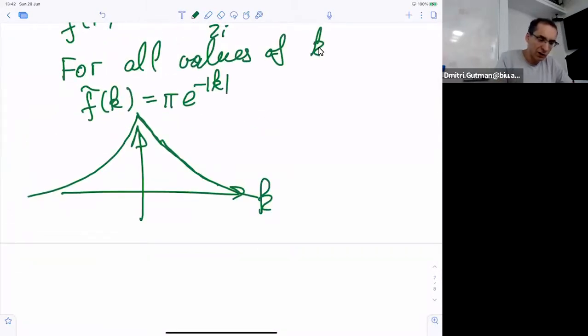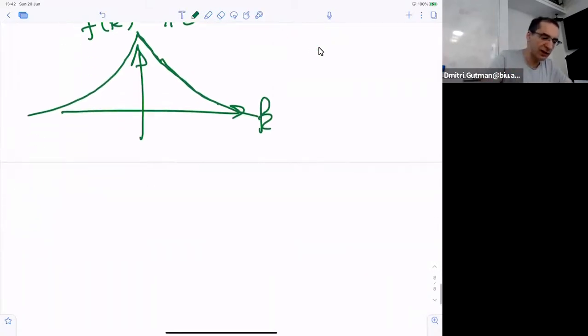It has a cusp at k equals 0, and it is exponentially decaying as a function of k. Okay, it's an example of a Fourier transform computation.